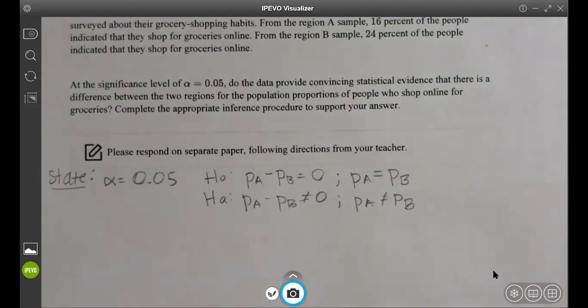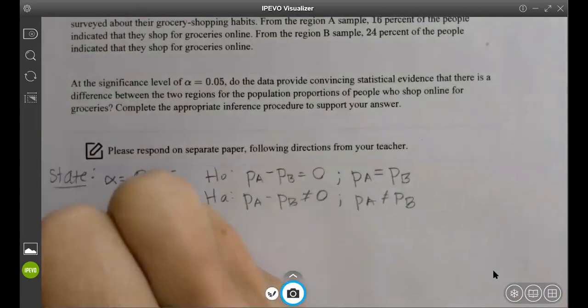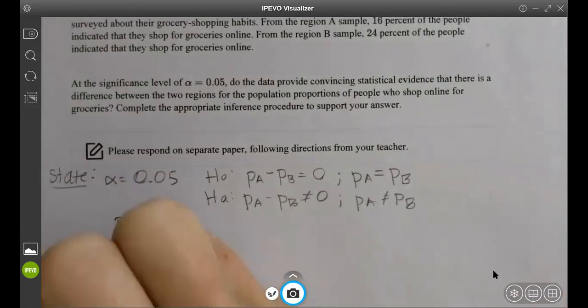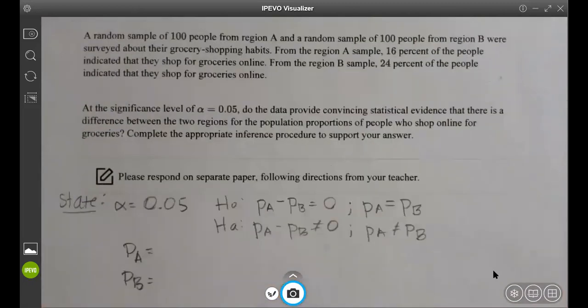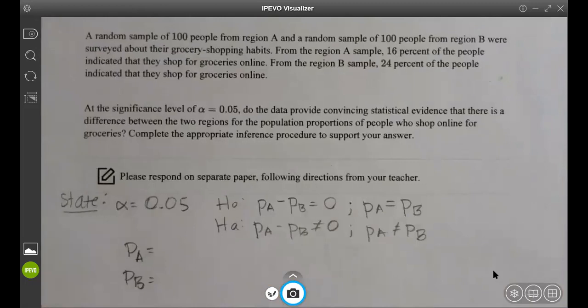There is one more thing that you need to have in here. You have to define them. What is PA and what is PB? So PA is... oh, you can't just say Region A, 100 people. Nope.